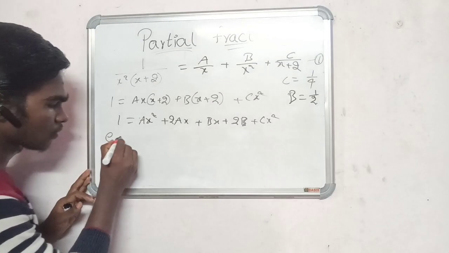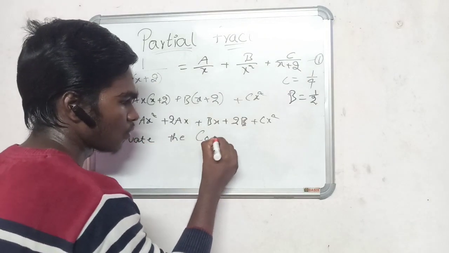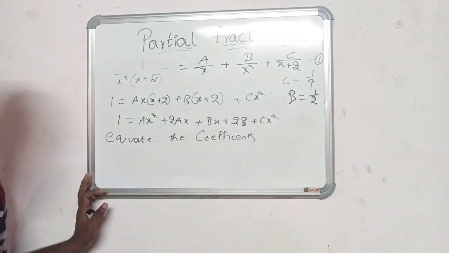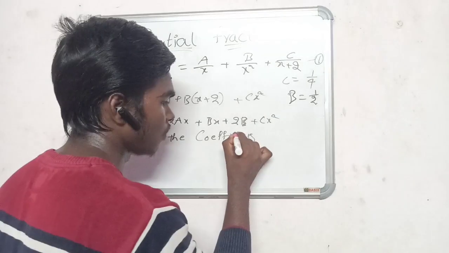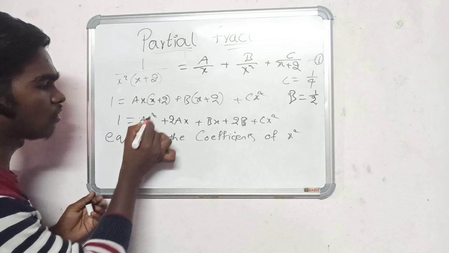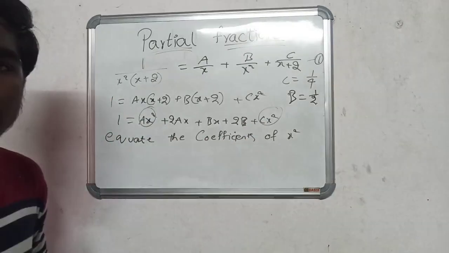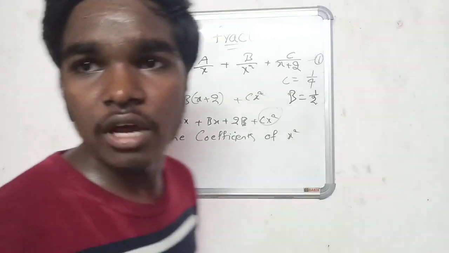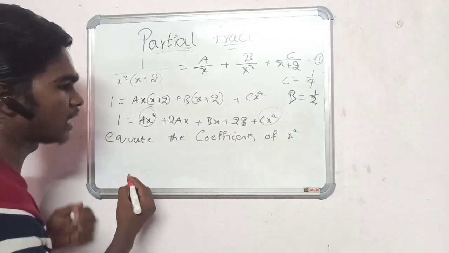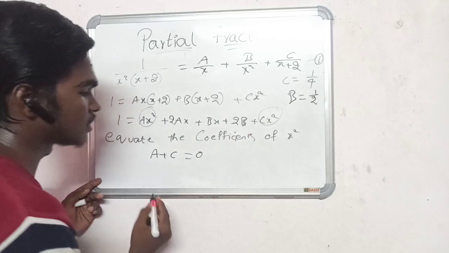Now equate the coefficients of x square. Means x square coefficients is ax and cx. Now we want to equate both the coefficients of x square with the 0. Means coefficients of x square is a and c. A plus c is equal to 0. We know the value of c.